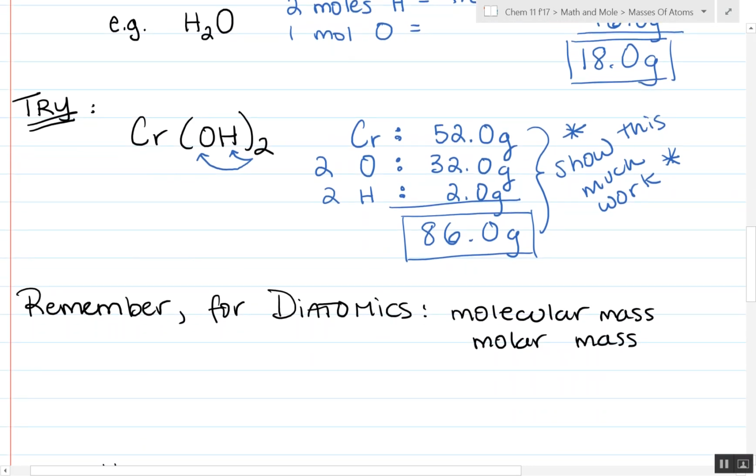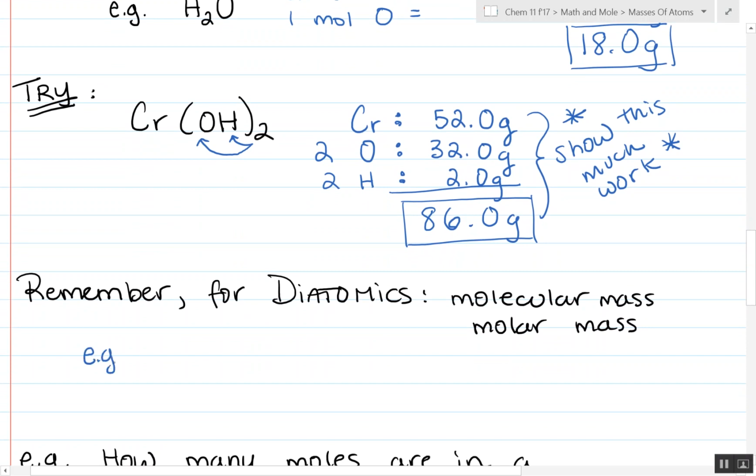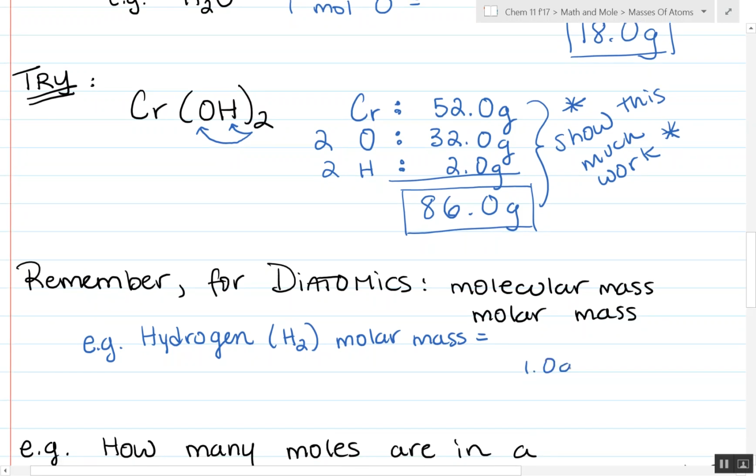So if we look at an example like hydrogen, or H2, the molar mass for hydrogen is actually 1.0 grams times 2 because there's 2 hydrogens, so it's actually 2.0 grams if we have a hydrogen molecule.